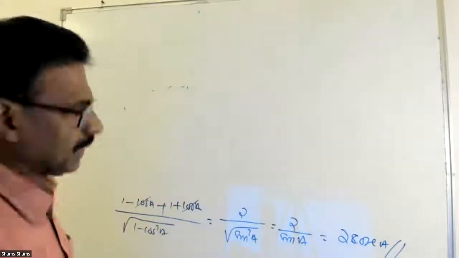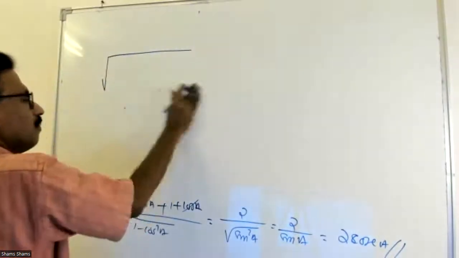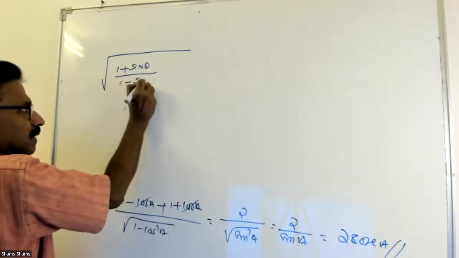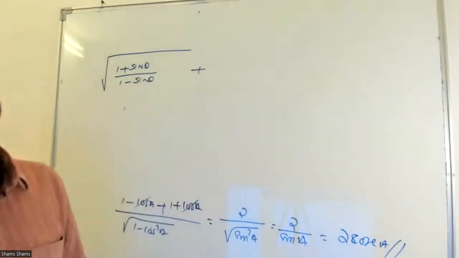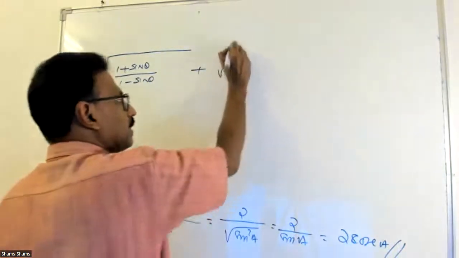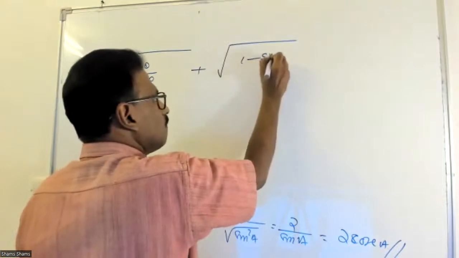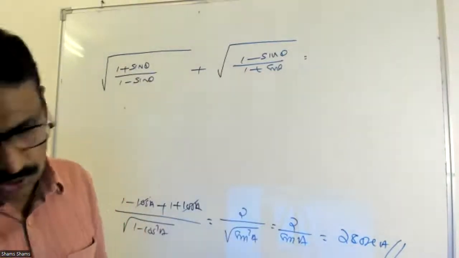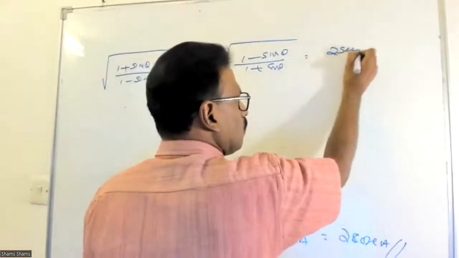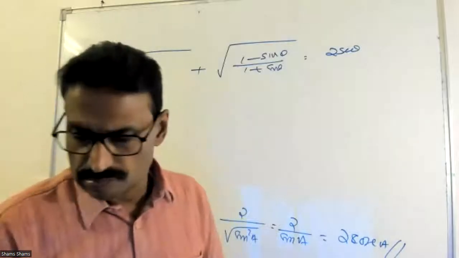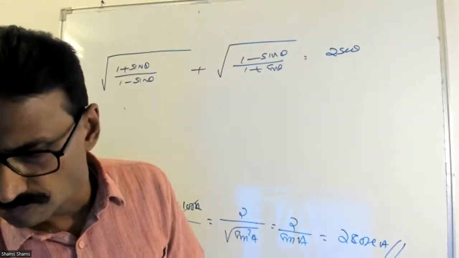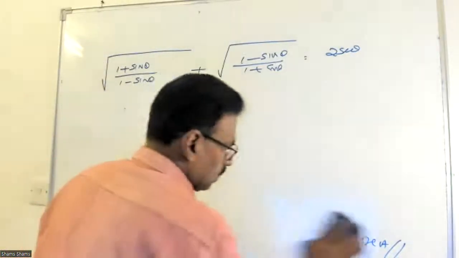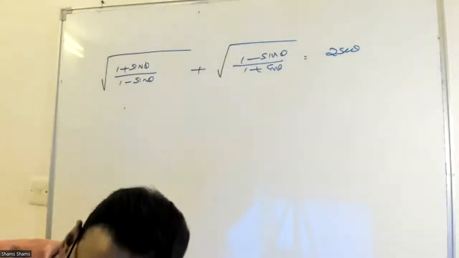Root of 1 plus sine theta by 1 minus sine theta plus root of 1 minus sine theta by 1 plus sine theta equal to 2 sec theta. Is equal to 2 sec theta.